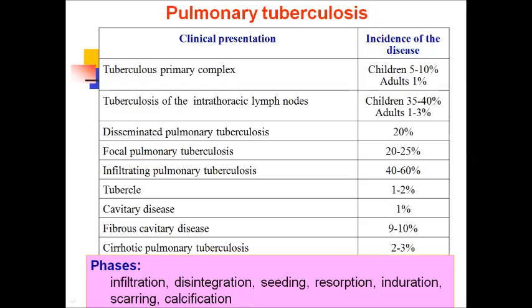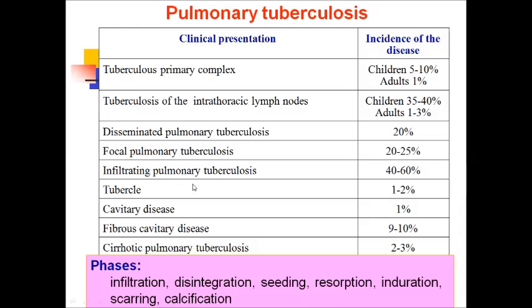Pulmonary tuberculosis is a very huge topic, and I can't present all possible changes that may happen in it. But I think this table will be helpful for you, because here you can find the most frequent forms of pulmonary tuberculosis.